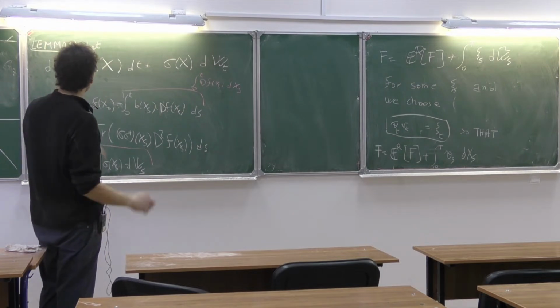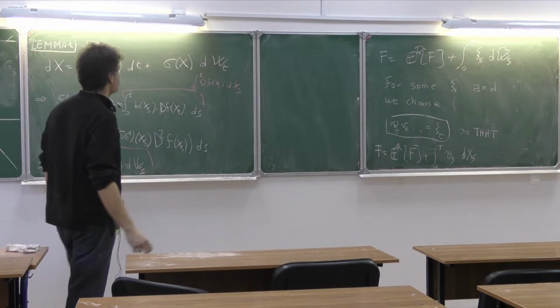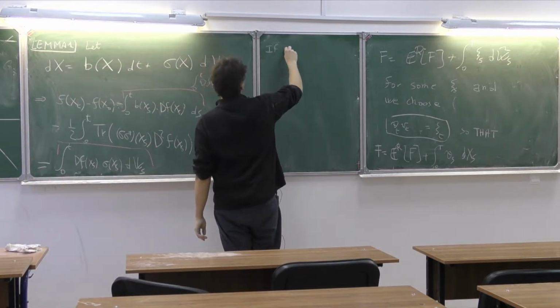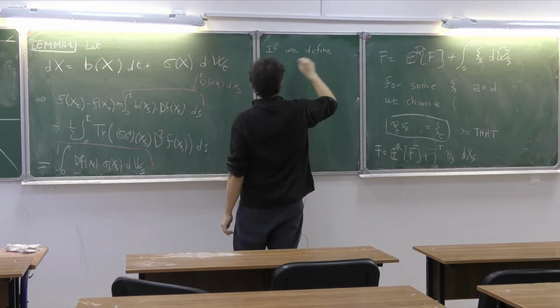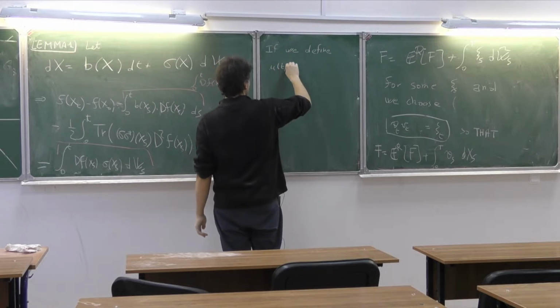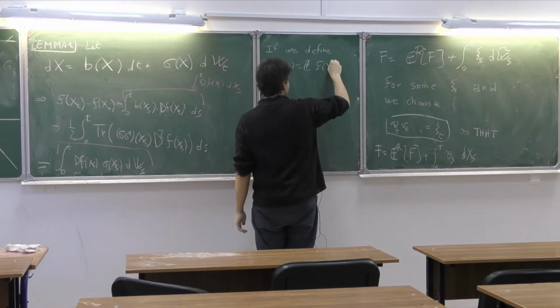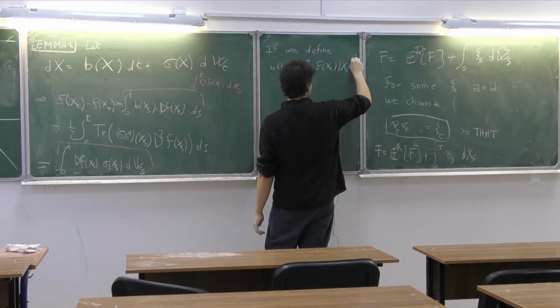So lemma: let b, then f is this. If we define u of t and x equal to the expected value of f of Xt, given that X0 is x.